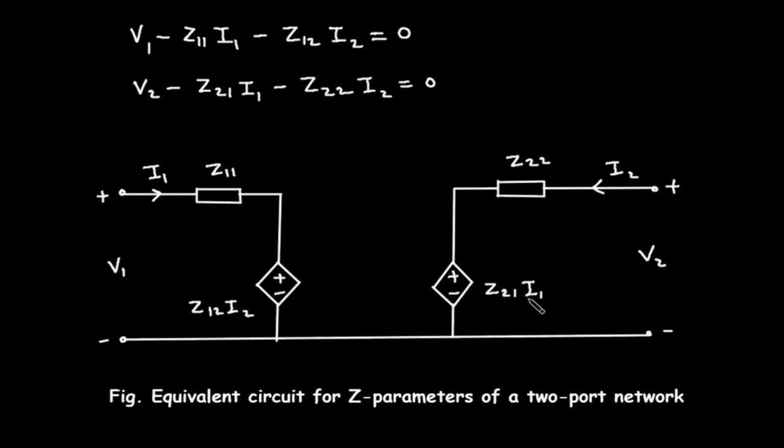It depends on current I1. So this will be Z21 I1, and then this will be the multiplication of I2 into Z22. So this is the equivalent circuit for Z parameters of a two-port network.